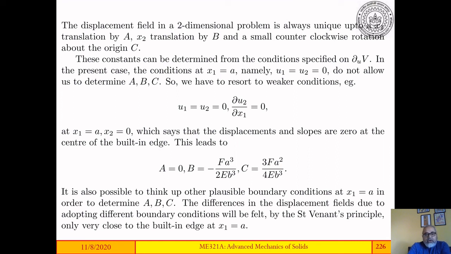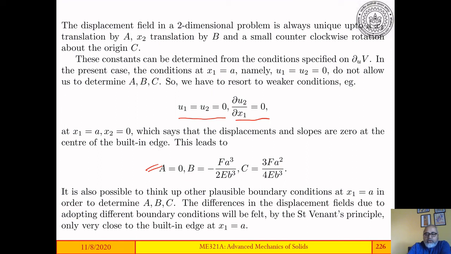On the other hand, we can resort to different kinds of weaker boundary conditions. For example, we say, I don't want it everywhere to be 0 on the right edge, but I just want it to be 0 at the center and the slopes to be also 0 at the center, something that I borrow from my knowledge of strength of materials of cantilever beams. If we do this, we will indeed be able to solve the equations, and these are the constants that we are going to get.